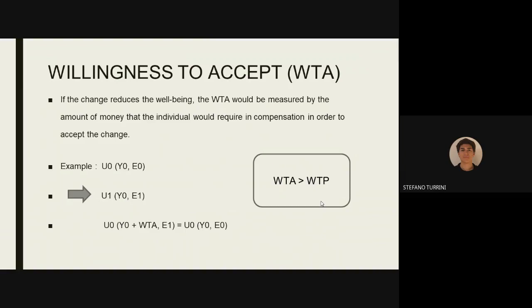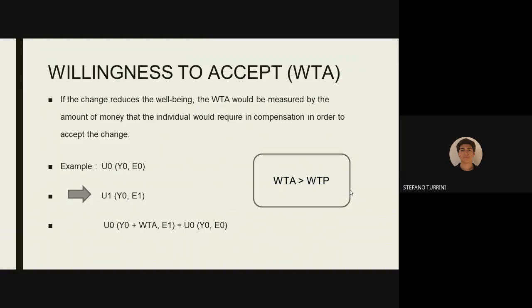And the last thing that you will also see during the presentation is that the willingness to accept is higher, because the individual also values a loss more than a gain. So I would like now to leave the word to Giovanni for the second part.